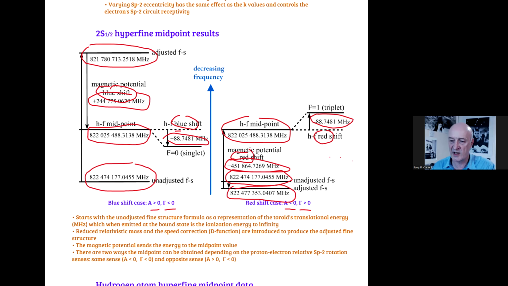When they're rotating in the same direction, you get red shifts, and when they're rotating in opposite directions, you get blue shifts. And what's happening is the proton toroidal circuit is generating a magnetic momentum field, which is cutting the electron toroidal circuit. And so the direction of rotation turns out to be crucial.